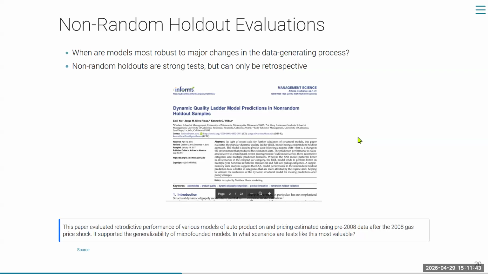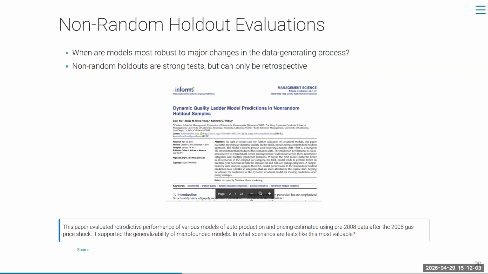In this paper, what we did was we took 30 years of data for the entire automotive market. We estimated models of automotive model quality and pricing. The training period ended in 2007, right before a really large gasoline price shock in 2008.